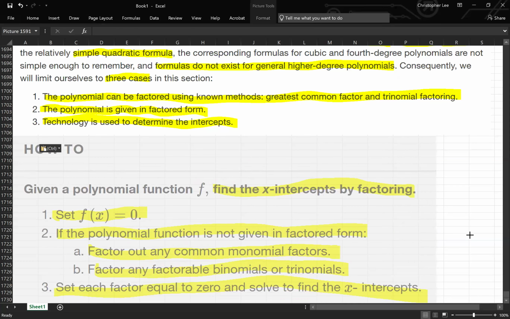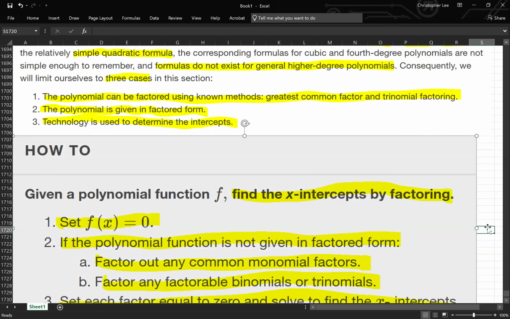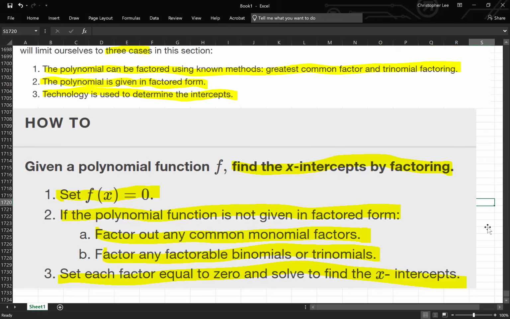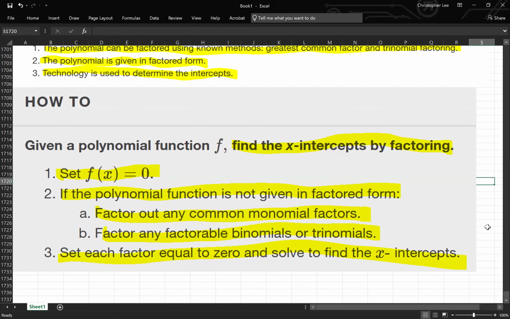Give y'all a little bit of tea right now. All right. So given a polynomial function f, we want to find the x-intercepts by factoring, right? Here's how you do it. Step 1, you set the whole equation equal to 0. So f of x equals 0. Step 2, if the polynomial function is not given in factored form, factor out any common monomial factors, greatest common factor, right?